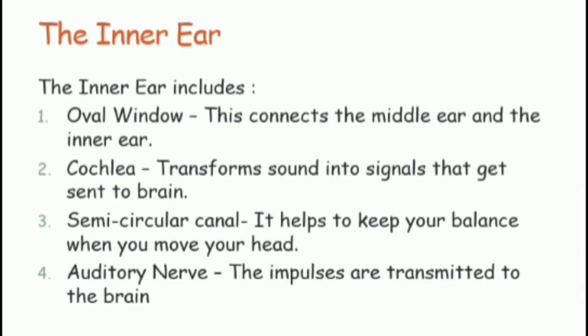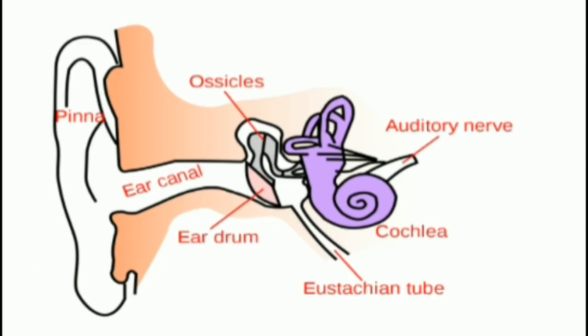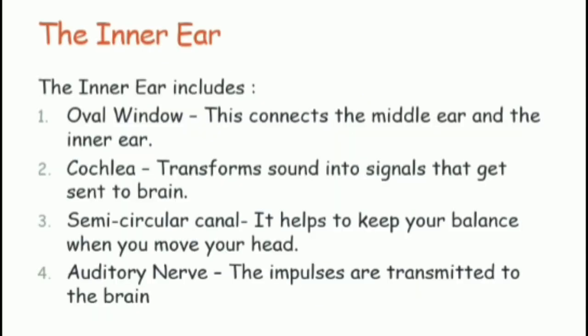Now next is the inner ear. The inner ear includes the oval window. Now this connects the middle ear and the inner ear. So see guys, just see properly.